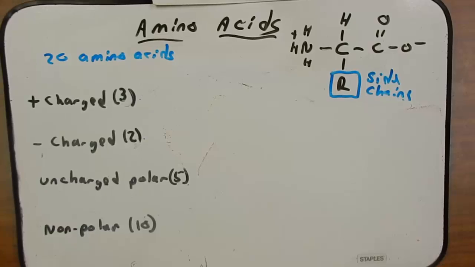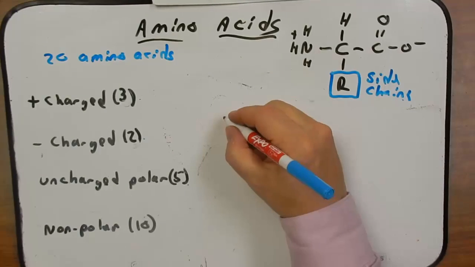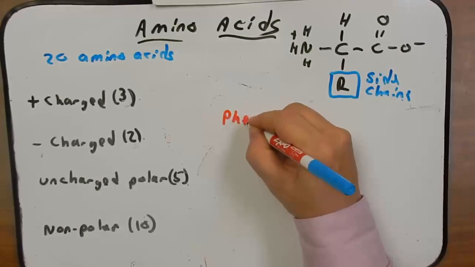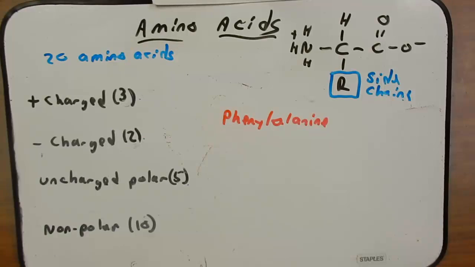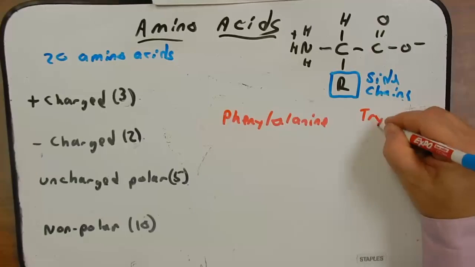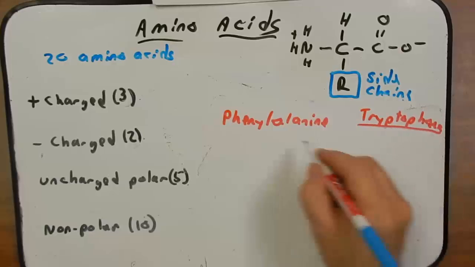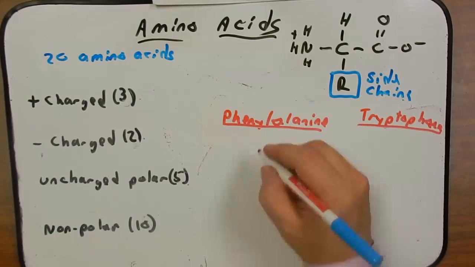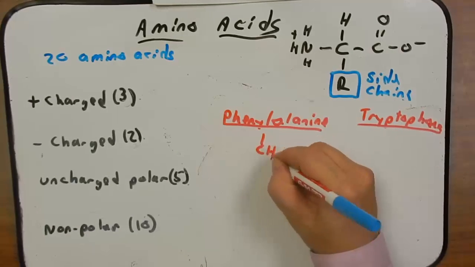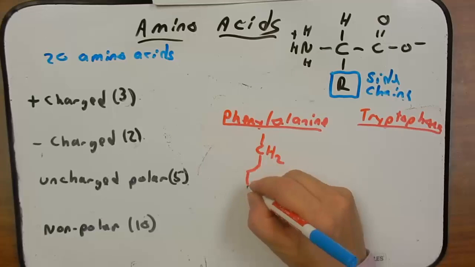Let's now look at the 10 nonpolar amino acid residues. Since we just looked at the ring structure of tyrosine, I want to start by looking at phenylalanine and tryptophan, one of my other favorites. Phenylalanine, for its R group, has a CH2 followed by this ring.